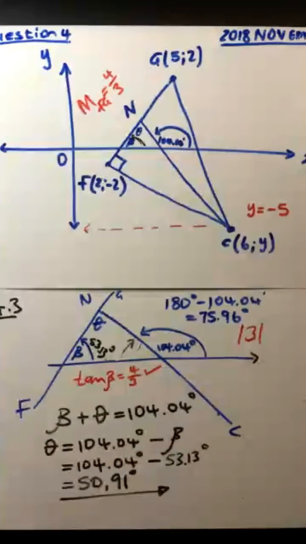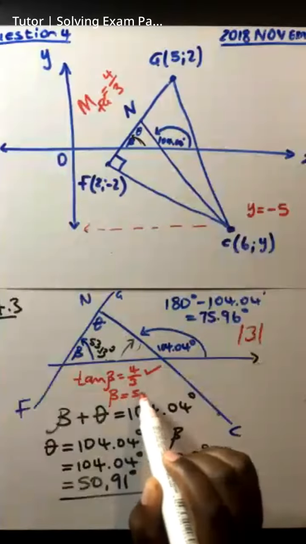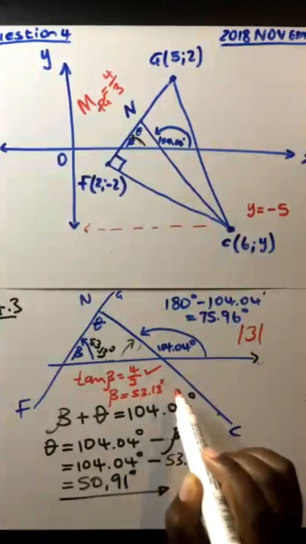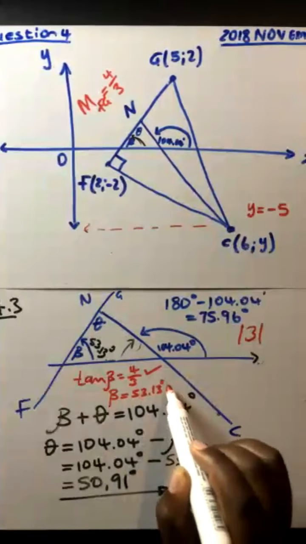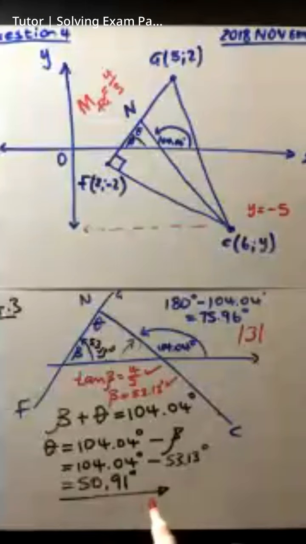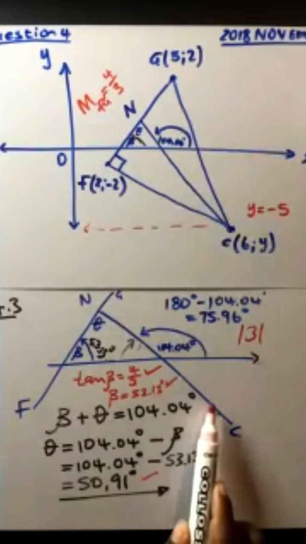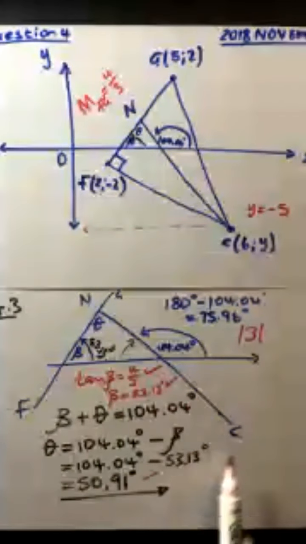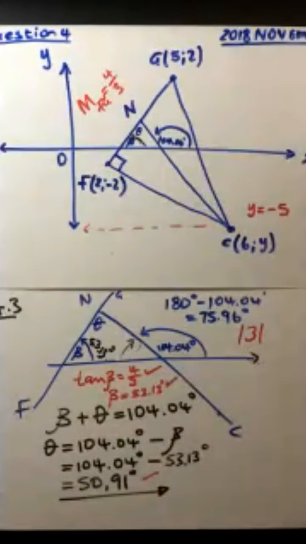And again, for you to get the value of that angle beta, to say it's 53.13 degrees, you get a mark.